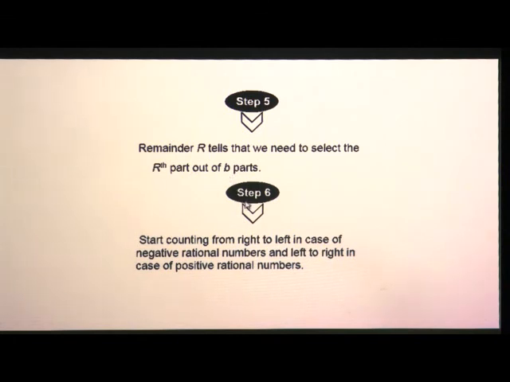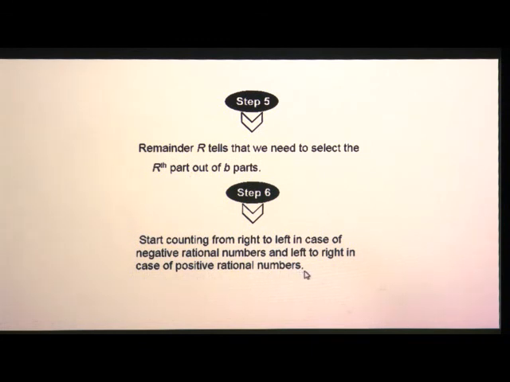The next step is step 6, start counting from right to left. This is very important: from right to left in case of negative rational numbers and left to right in case of positive rational numbers.